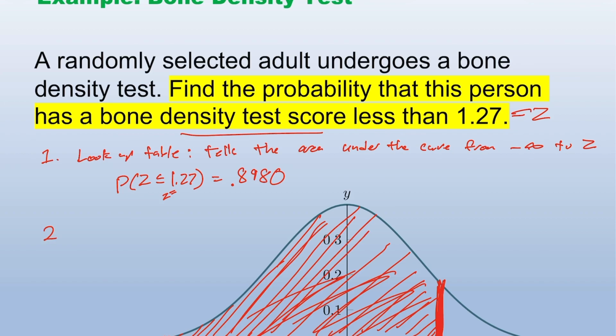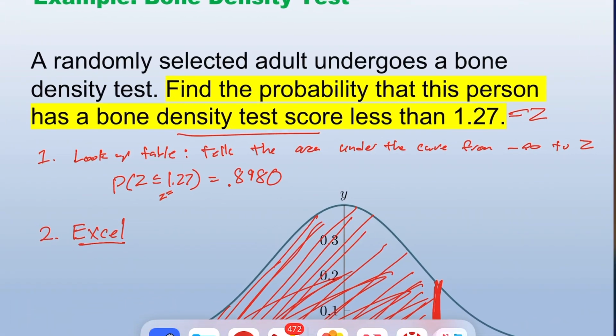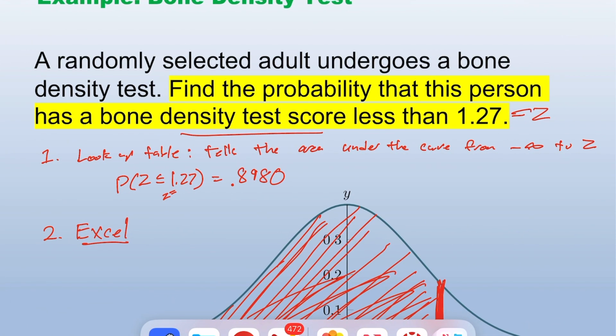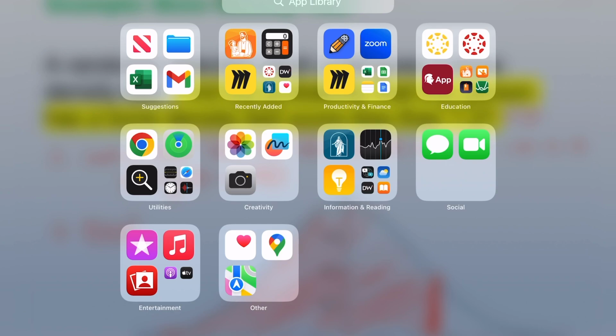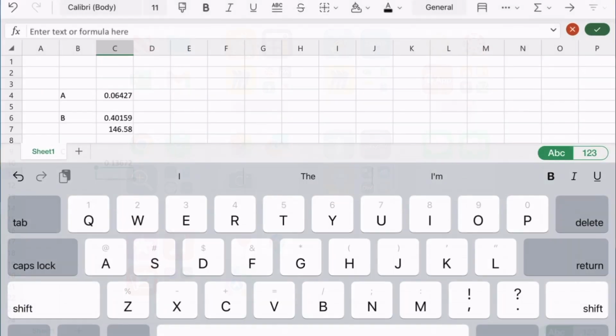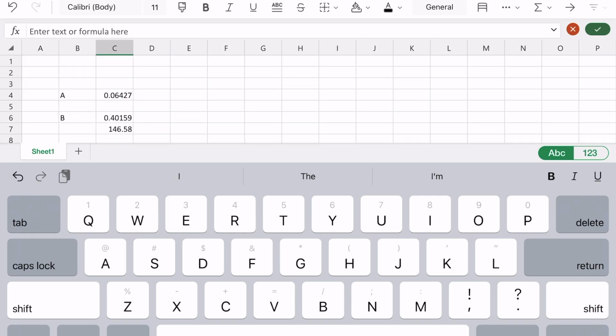Okay, but I could do that another way. I could use Excel. So I want to do that now. I'm going to open up Excel. I've got just some scratch spreadsheet here.